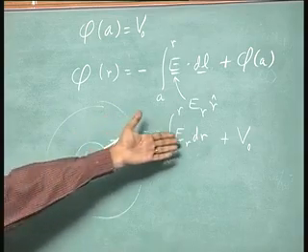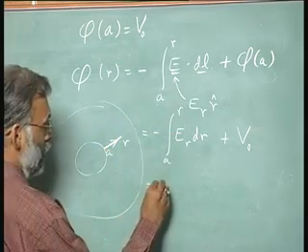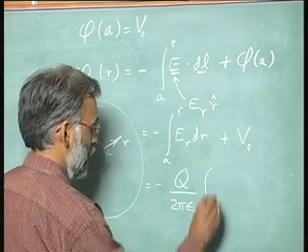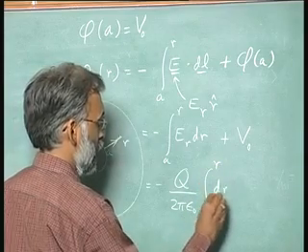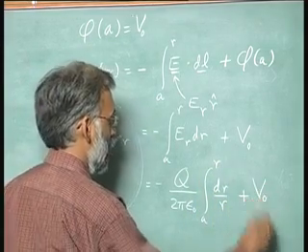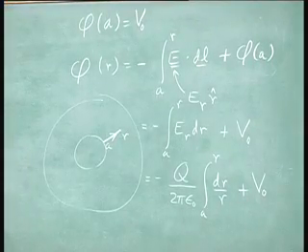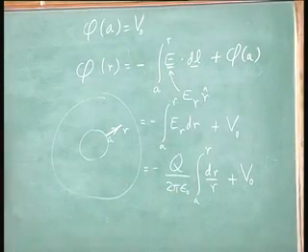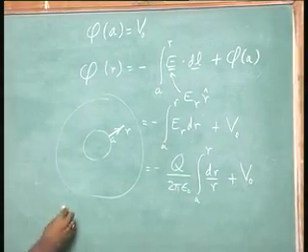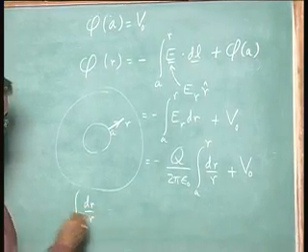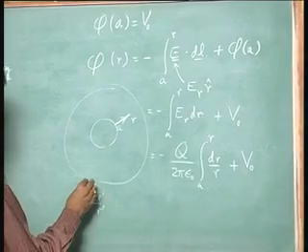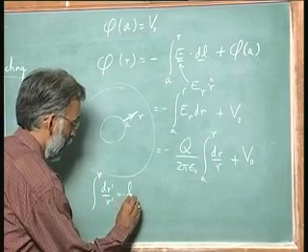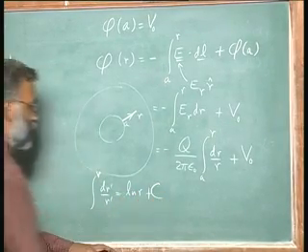I already know what E_r is. It is equal to minus q over 2 pi epsilon naught integral A to r dr over r, plus V naught. This is a very standard integral. The integral of dr prime over r prime up to a limit r is equal to ln r plus constant.